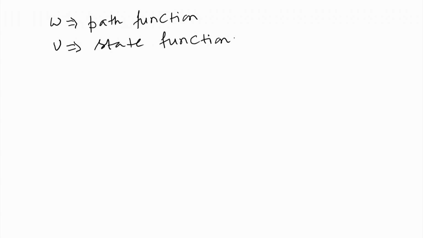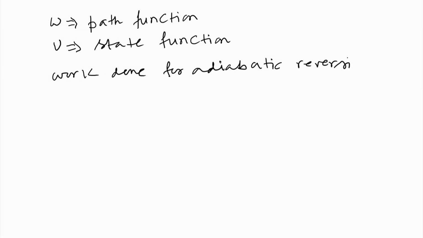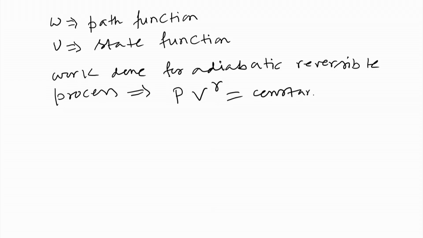Then we discussed the work done for adiabatic reversible process, and we ended up with an expression like PV to the gamma is constant, where gamma is Cp by Cv, that we know.